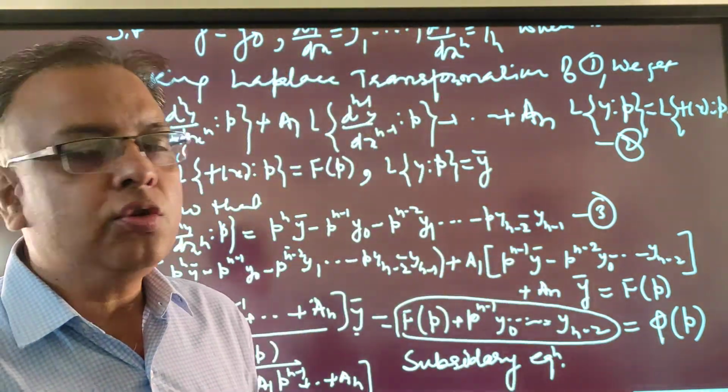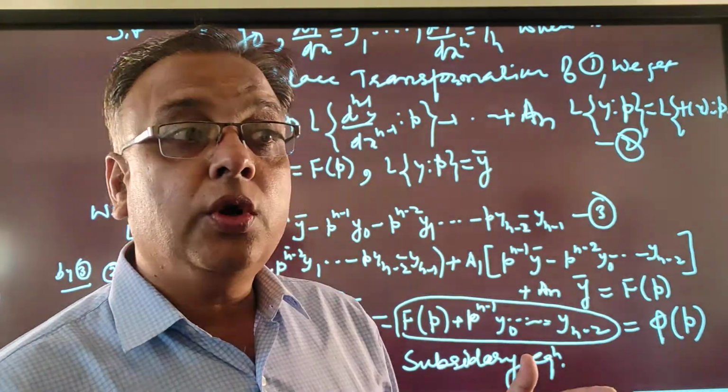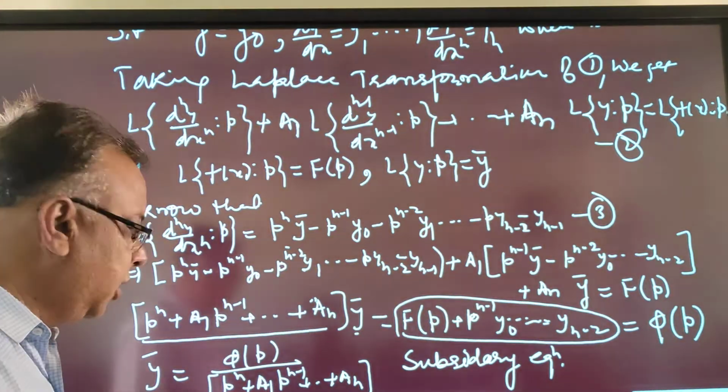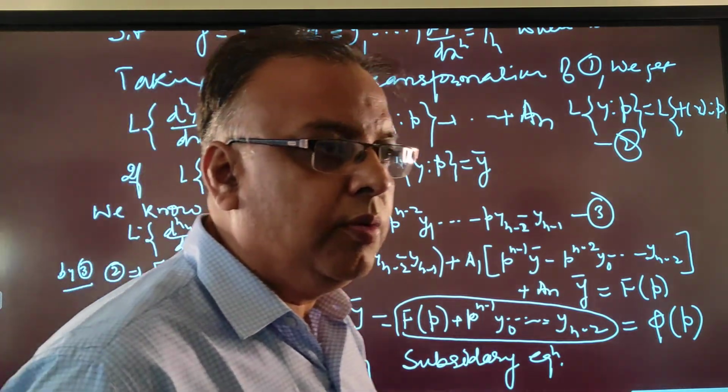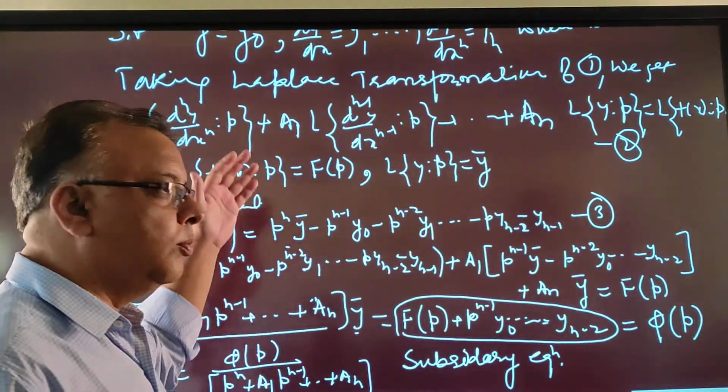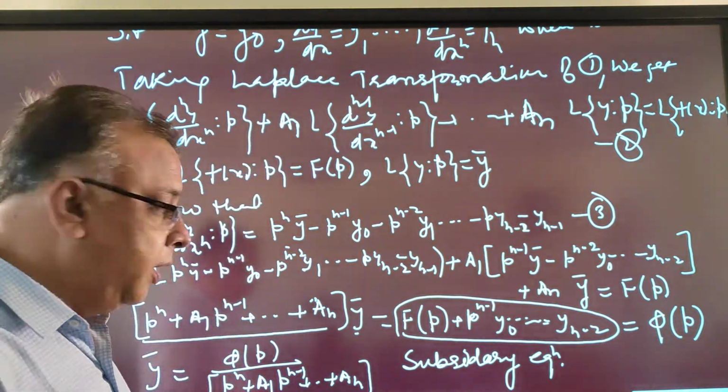So our first task is to find the subsidiary equation for the differential equation. This subsidiary equation has come from the Laplace transform of the given differential equation. Now this is y bar.